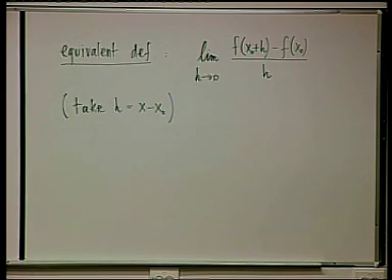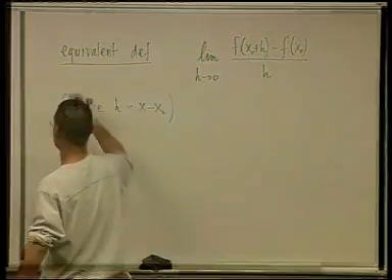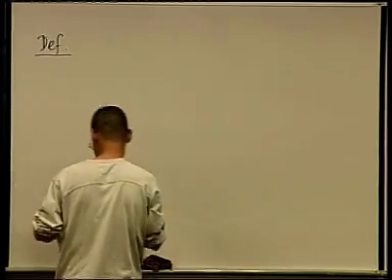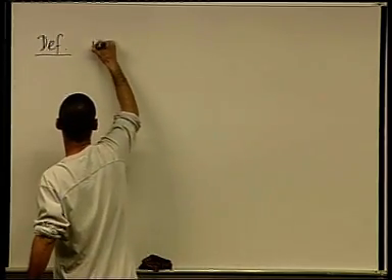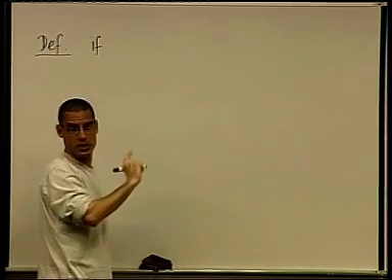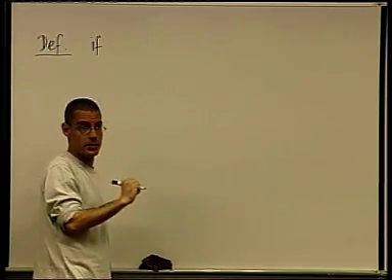So, in order to formalize this, I want to define the tangent line. So definition. If that limit exists, and it's not always going to exist, we're going to see many examples today.